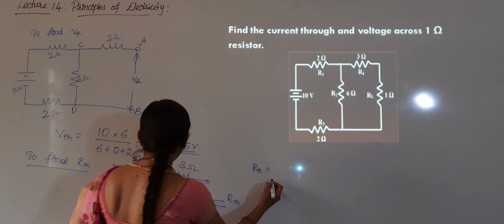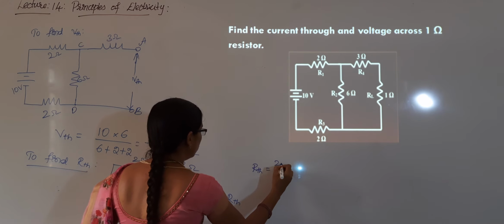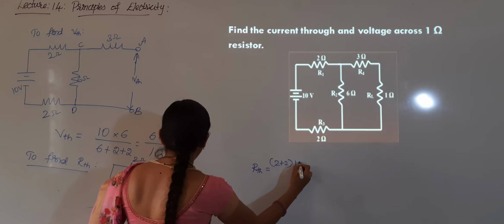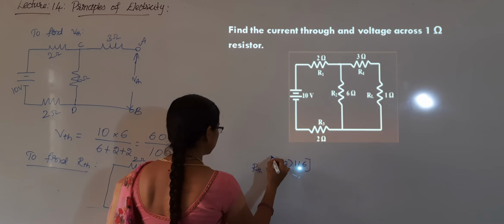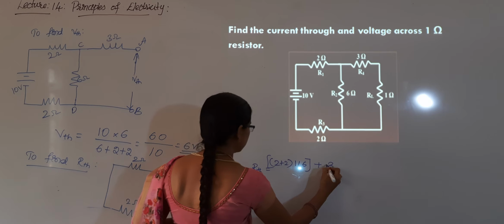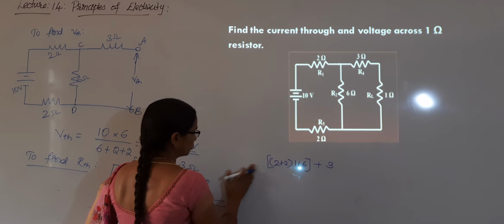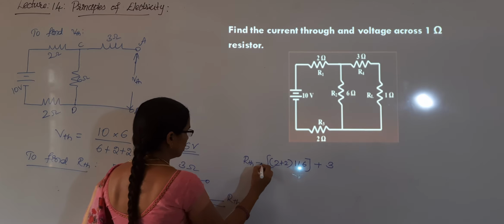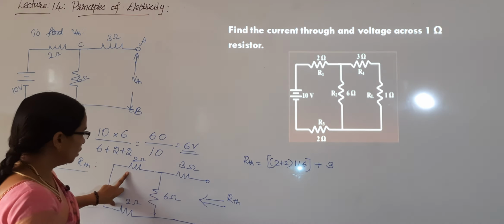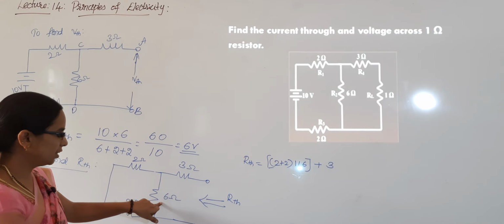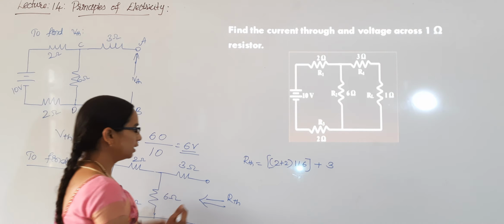So RTH is equal to 2 plus 2 parallel with 6 plus 3. RTH is equal to, these two will be parallel with this plus R3.